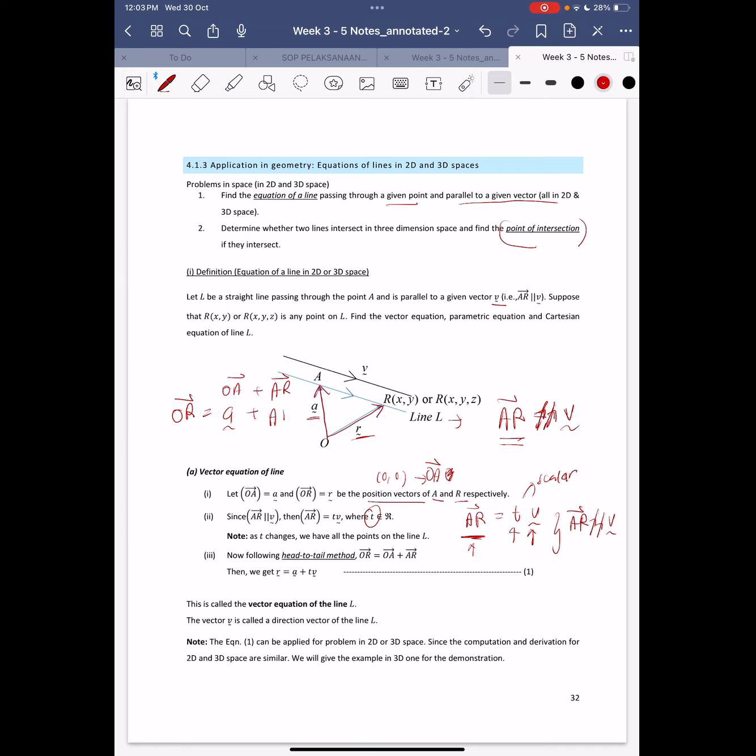OA here I represent as A, and OR here is R. AR can be expressed as t times vector V, a scalar multiplied with vector V. As long as t changes, the vector AR will change. So we get R equals A plus tV. This is called the vector equation of a line, and V is called the direction vector of the line L.